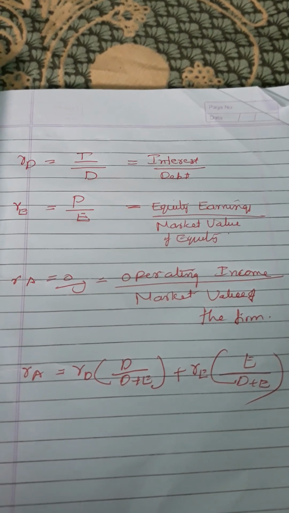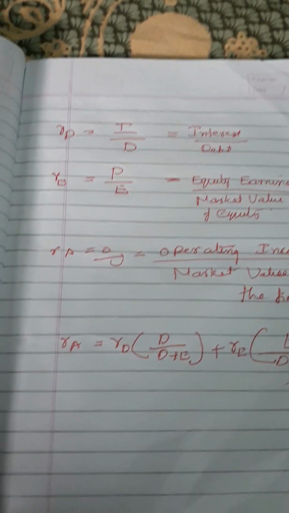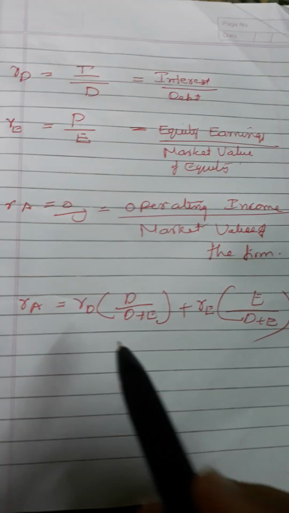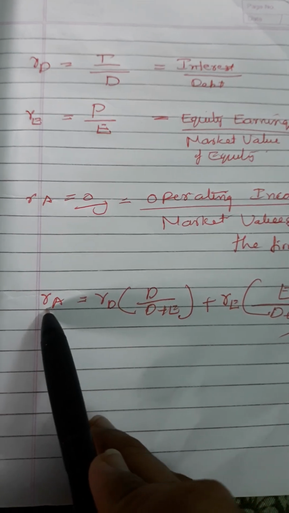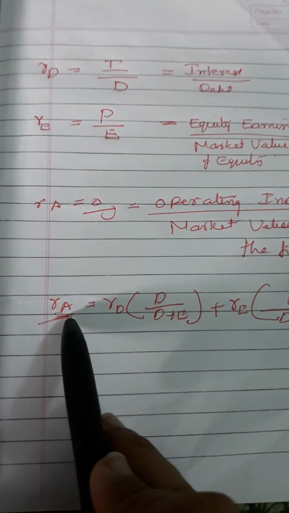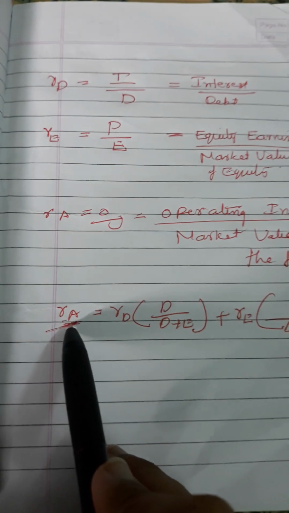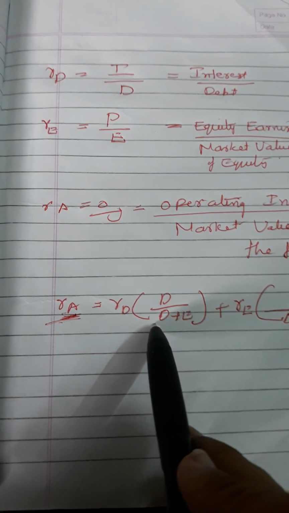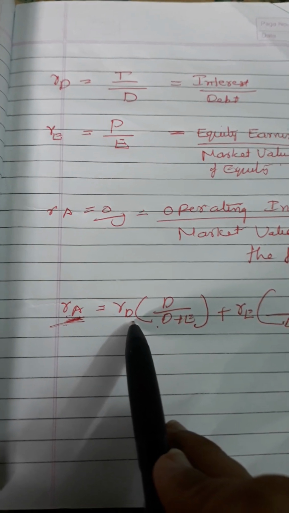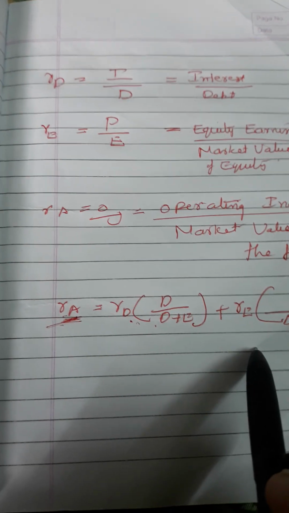Ra is once again restated by this formula. The cost of the assets, or the cost of the firm, is not simply the cost of the debt plus the cost of the equity.